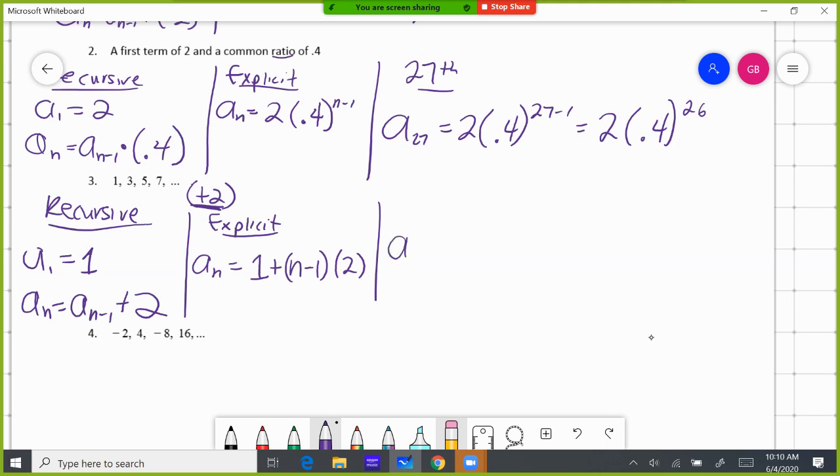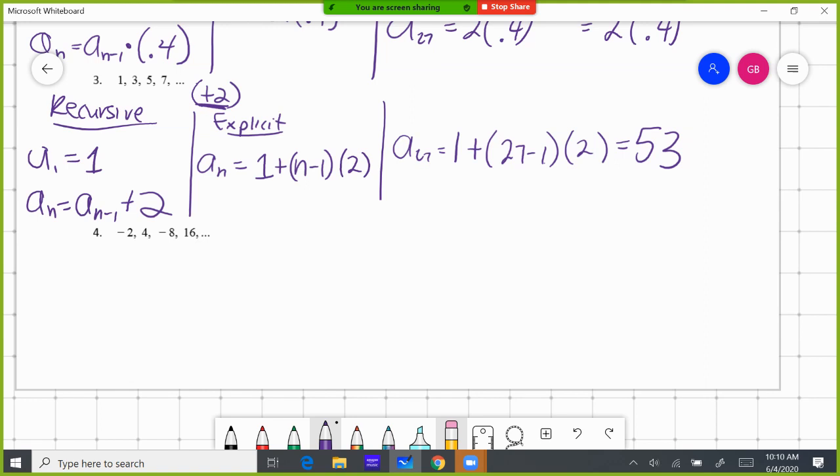And then for the 27th term, be the first term plus 27 minus 1 times 2. Okay, so 27 minus 1 is 26. 26 times 2 is 52, and then plus 1 is 53. Okay, or use your calculator.